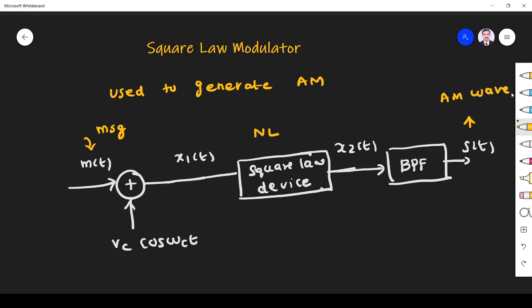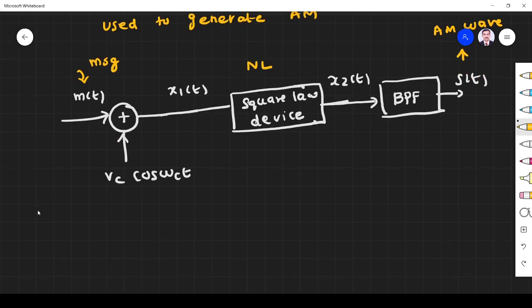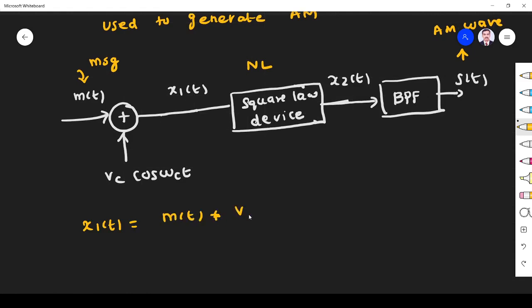So what is x1 of t? From the block diagram we can understand x1 of t is equal to m of t plus Vc cos omega ct. This x1 of t is applied to a non-linear device. This device may be a diode or any other thing.